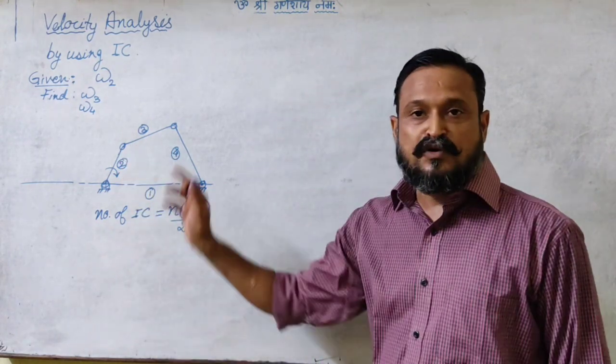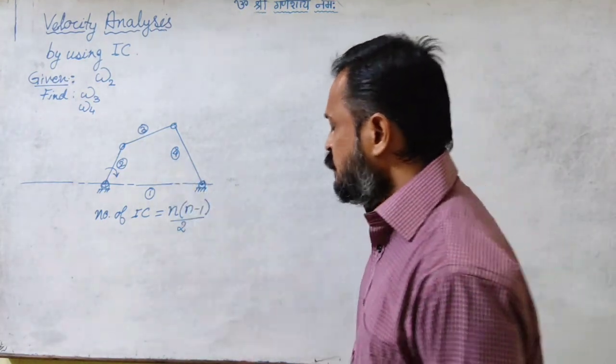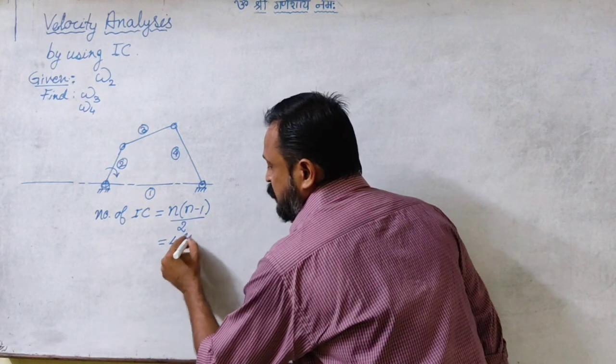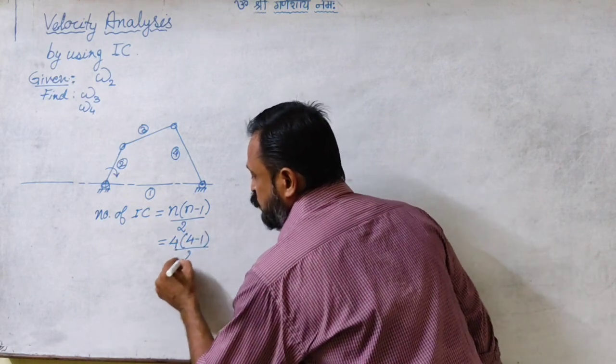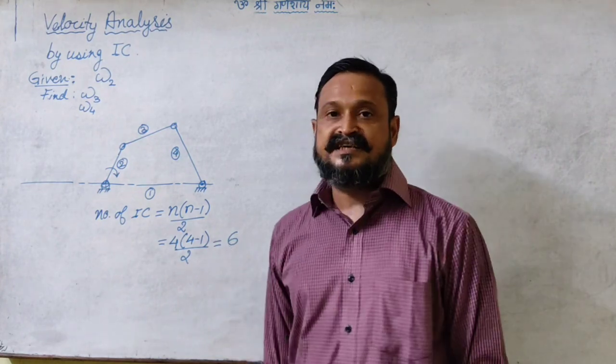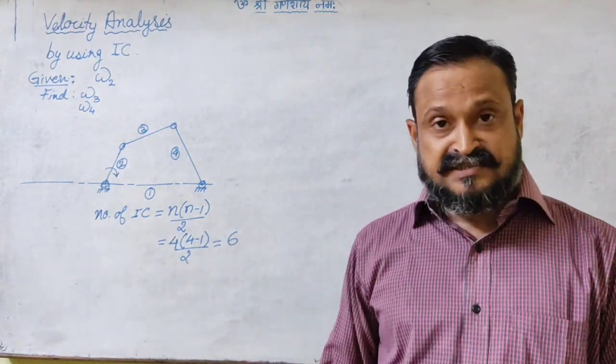So here it is a 4-bar mechanism, so n is 4. So 4 into 4 minus 1 by 2 comes out to be 6. So the number of instantaneous centers for this mechanism is 6.